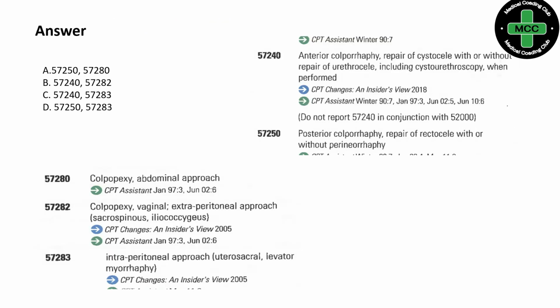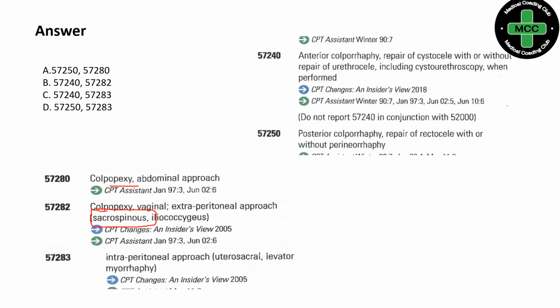Let's conclude our final answer. In our question, you got three keywords: the procedure colporrhaphy, suturing of the vagina, and also the patient presents for colpopexy. For colpopexy, you have to check which approach. If you read the question, there is a keyword, sacrospinous, the exact procedure.